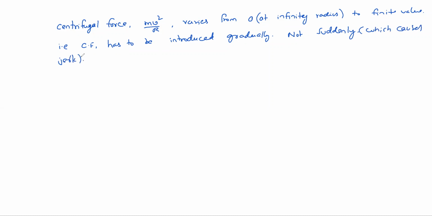If you don't provide any transition curve, the passengers will experience a jerk, because of sudden introduction of centrifugal force. So centrifugal force needs to be introduced gradually. To introduce centrifugal force gradually, we need a transition curve.